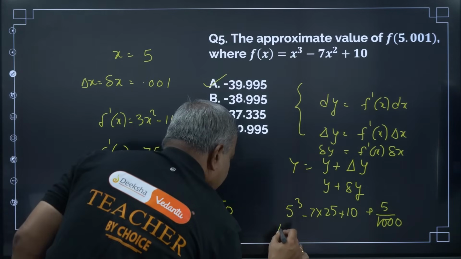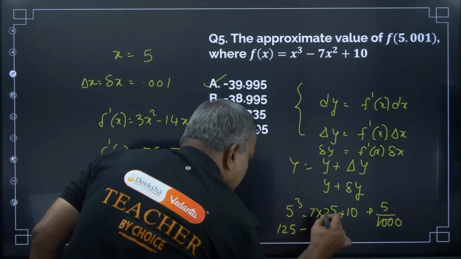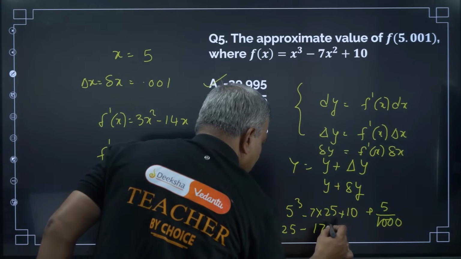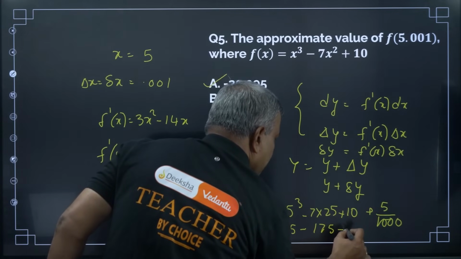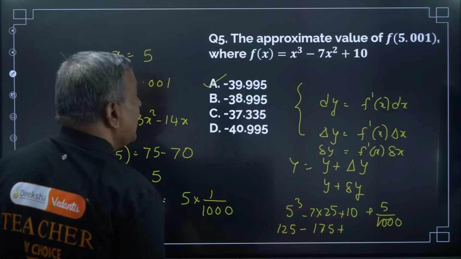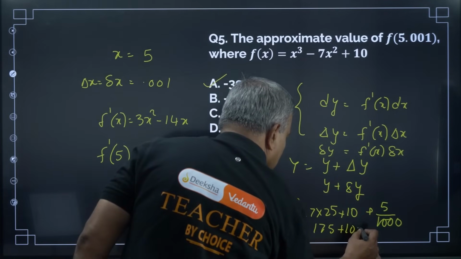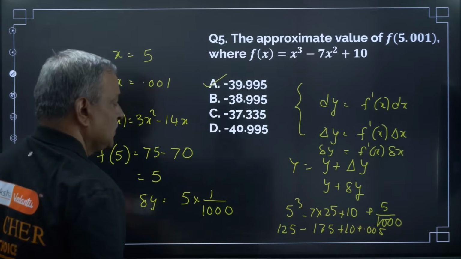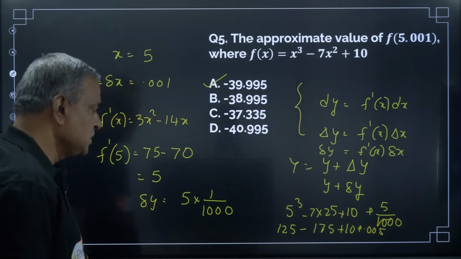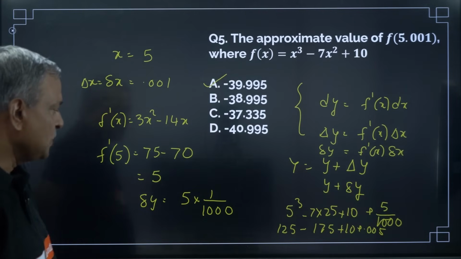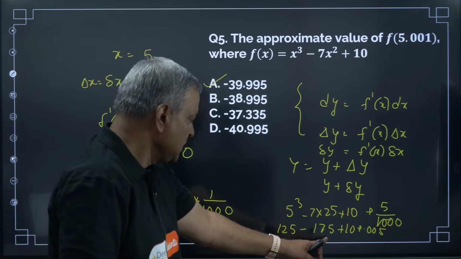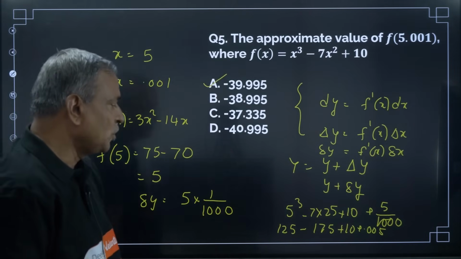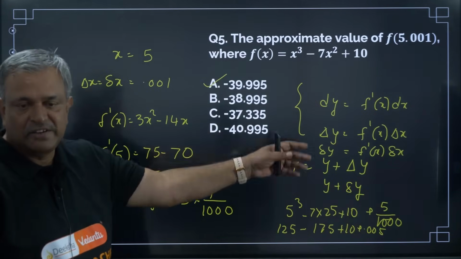This is 125. 125 minus 175 will give you how much? Plus 10 plus 0.005. Okay, calculate it, you will get it. So minus 25, this is minus 50. Minus 50 plus 10 will give you minus 40, and minus 40 plus 0.005, you get minus 39.995.